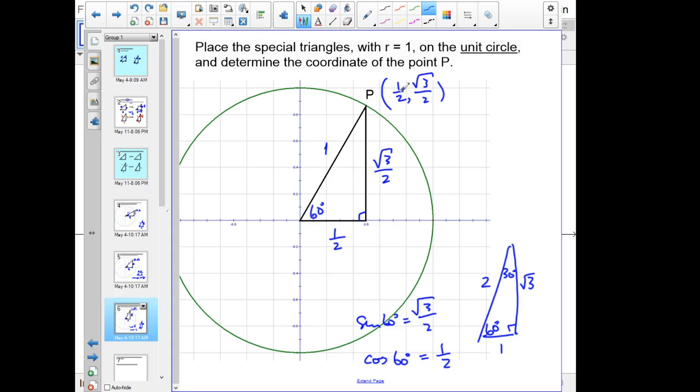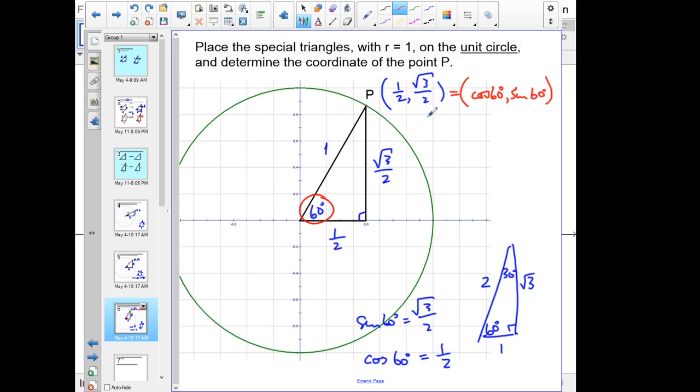So now we can see that this point can be expressed in terms of this angle. The coordinates of this point are the cosine of 60 degrees, that's the x-coordinate, and the y-coordinate is the sine of 60 degrees.